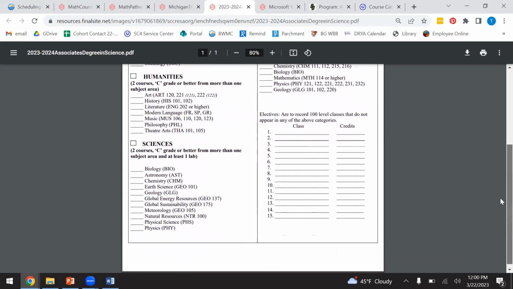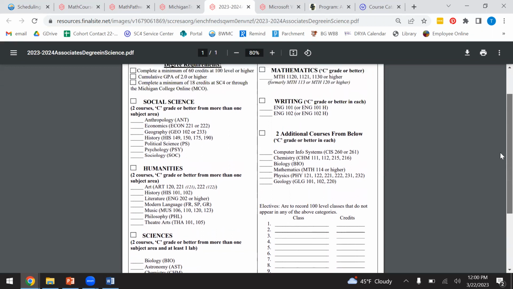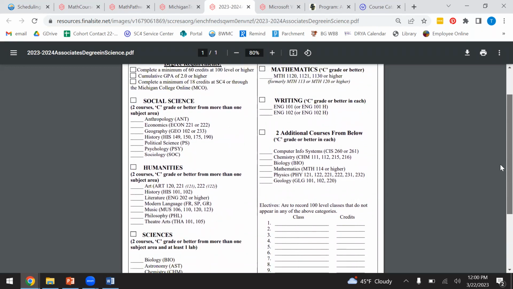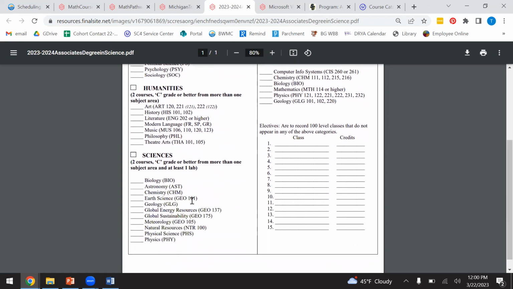So I wanted to point that out, because sometimes we see people going into engineering or going into a pre-med path, but then for their science class, they're taking earth science, which is fine. That would check that requirement for a science off, but it probably wouldn't work towards your ultimate bachelor's degree plan. You'd want to look ahead to see, what does a bachelor's degree want you to have?